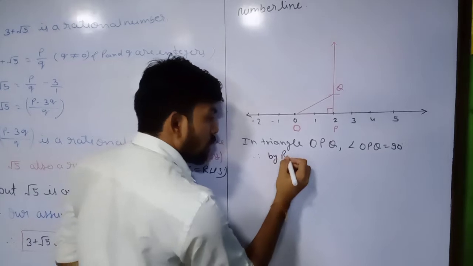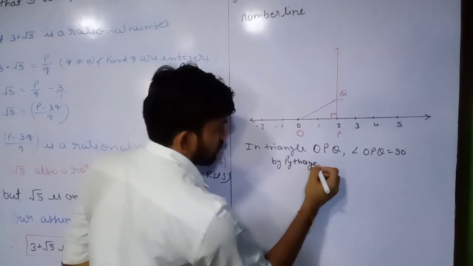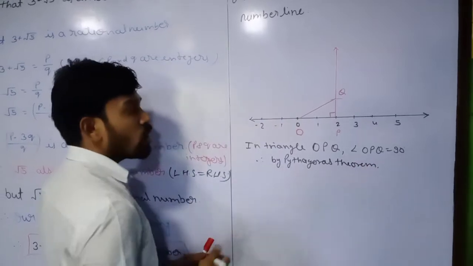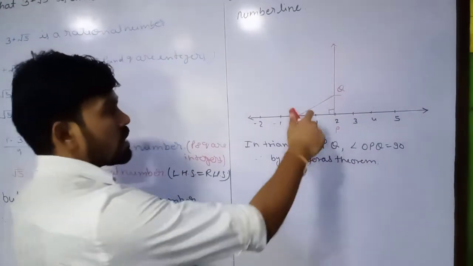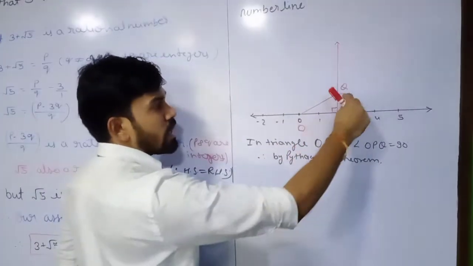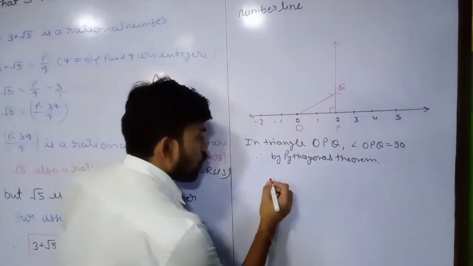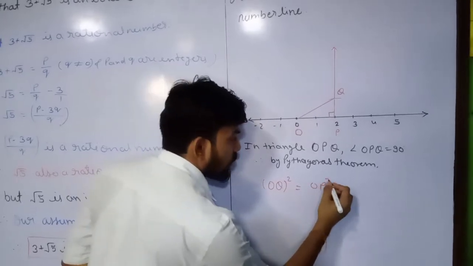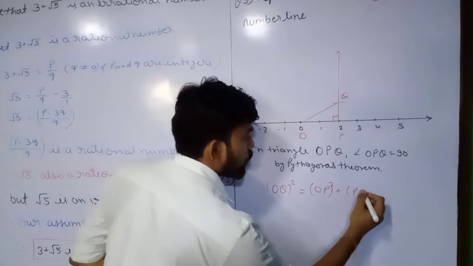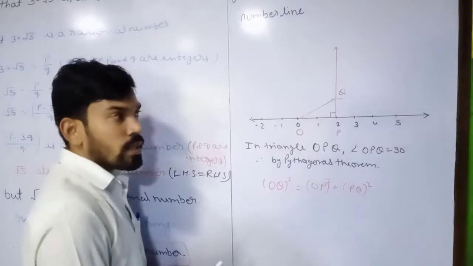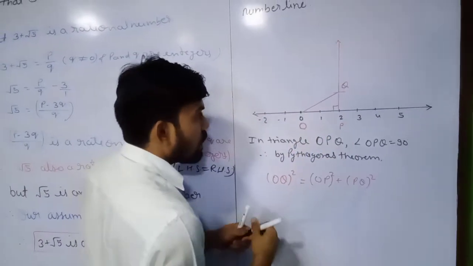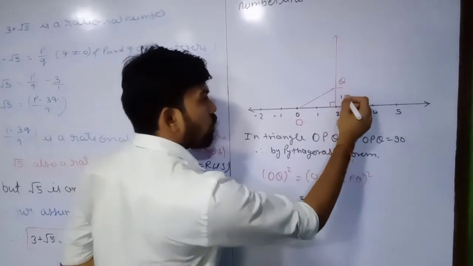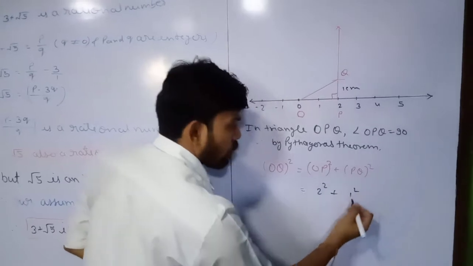Therefore, by Pythagoras theorem, this is the hypotenuse, first side and second side. So OQ square is equal to OP square plus PQ square. You got it? Now OP we have 2, square of 2, plus PQ we have 1 centimeter here, so square of 1.